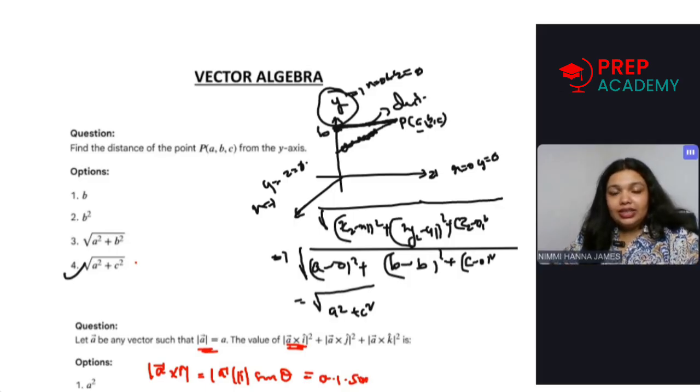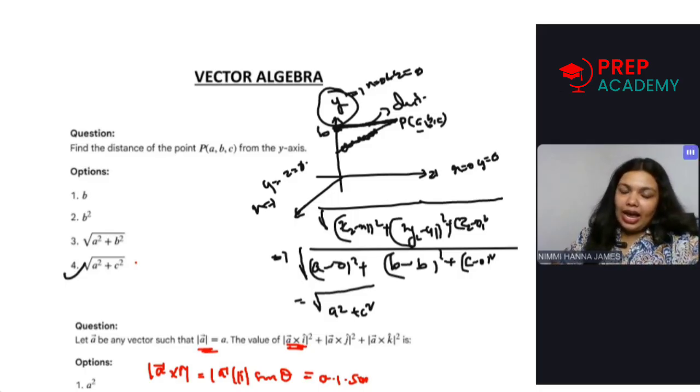What is theta? Theta is the angle between a and i. If it is a cross b, theta is the angle between a and b. So here it is a cross i, that is the angle between a and i. What does this i mean? i actually represents the x axis, right?